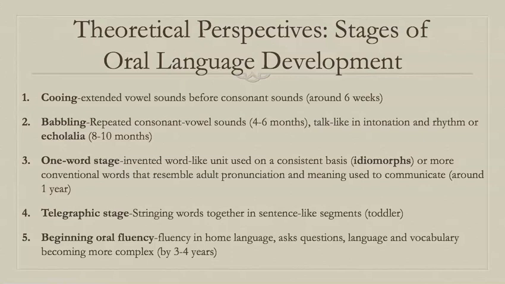The vocabulary expands and becomes a little more complex, and the use of language is much more adult-like, and the child is able to enunciate and utter full sentences when they speak to others.